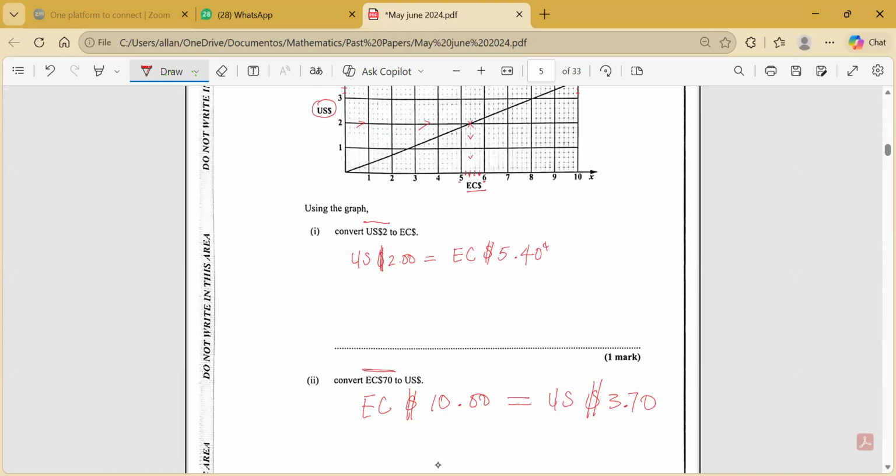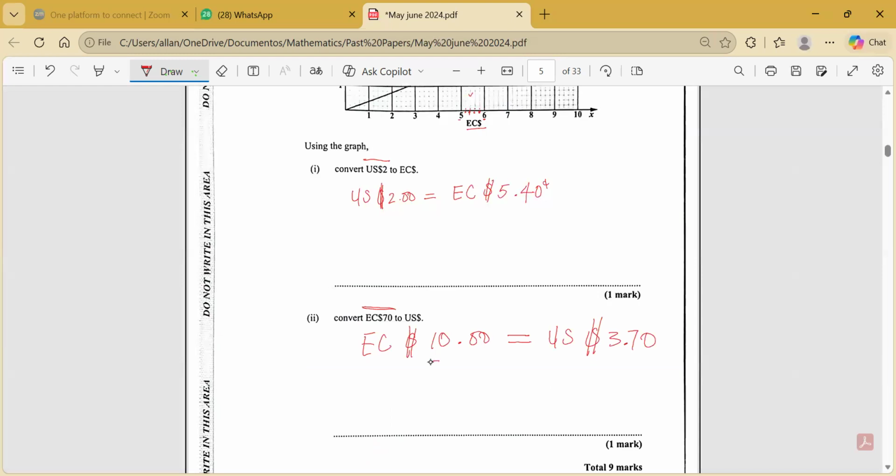So how much would be 70? $70 EC would be equal to $3.70 by 7. How much is that? 370 by 7 is US $26, 25.9.